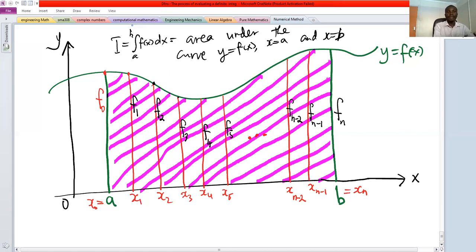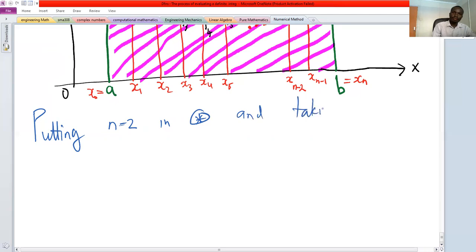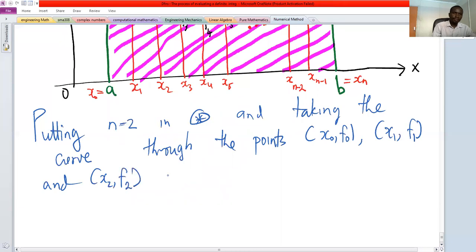So we put n equals 2 in star, and take the curve through 3 points, x0, f0, x1, f1, and x2, f2, as a parabola.